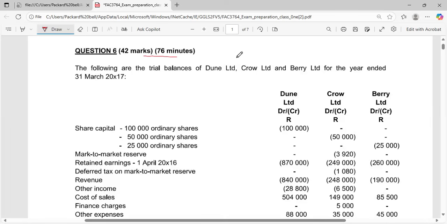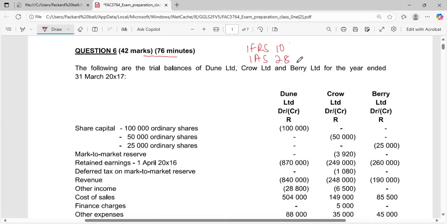So let us look at this group accounts. When you are reading a question, what I would advise you to quickly pick, especially from group accounts, is the standard. Which standard is applied in the question? Is it International Financial Reporting Standard 10? Is it IAS 28?